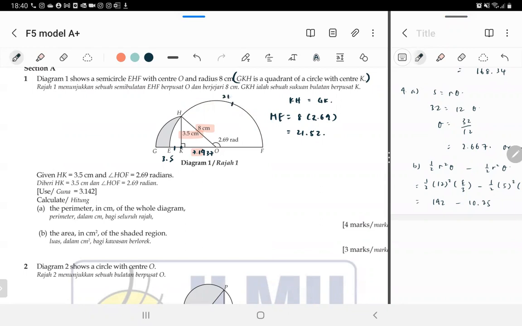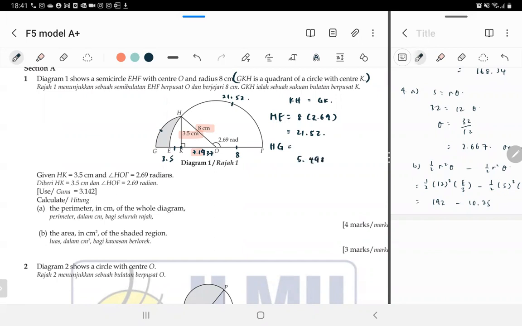So this one is 21.52, and then OF is 8, right? OK is 7.1937. KG is 3.5, right? So you need to find only HG. HG, that one I got 5.4985.